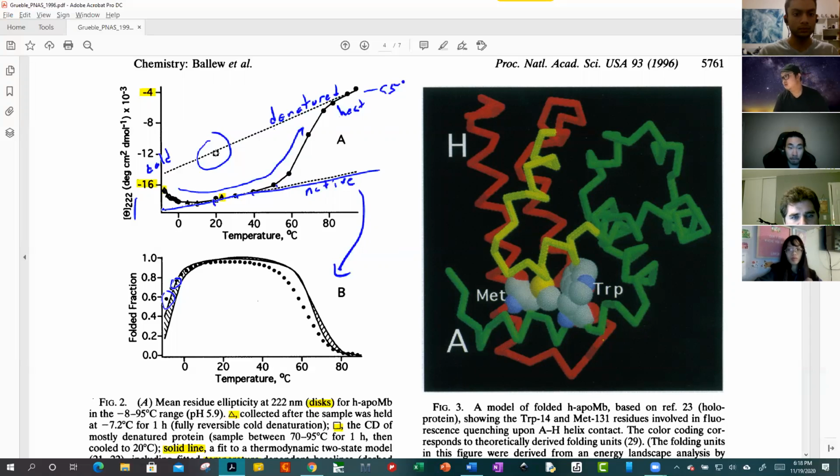But this is an important part of the paper, right? So at 20 degrees, if the ellipticity is minus 13, we would say denatured. And if the ellipticity was minus 18, you would say native. Right?